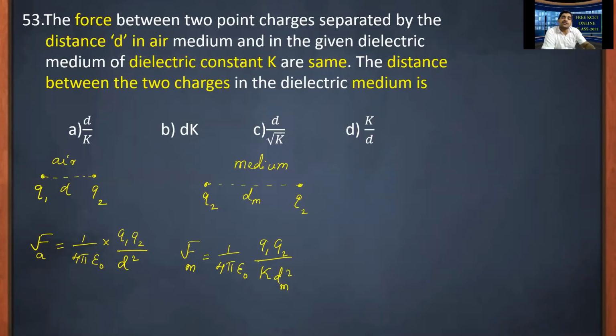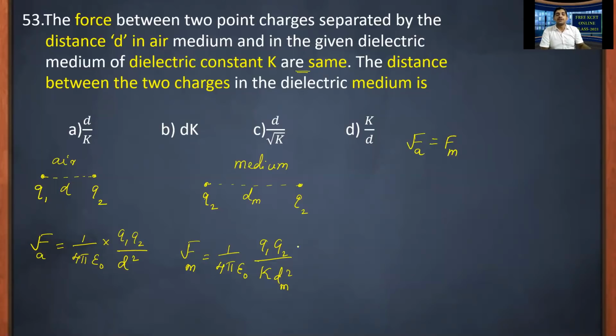So what is given? The force between the 2 point charges separated by the distance d in air medium and in a given medium are same. So F A is equal to F M. Then what should be the distance dm? We'll compare this. 1 by 4 pi epsilon common, Q1 Q2 same.